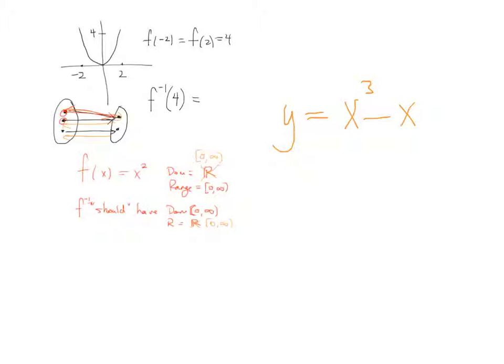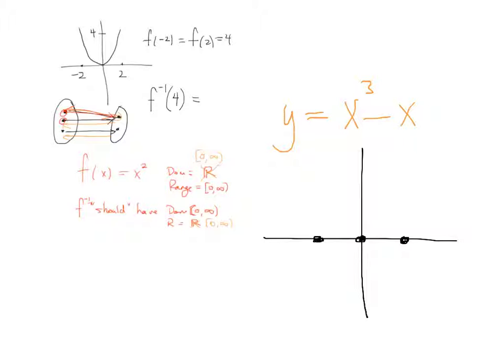How about plug in 0? What's another number to plug in? 1. Okay, it turns out it's 0 at 1. What about negative 1? Oh, it's 0 again. What does that tell you about y equals x cubed minus x? Do you remember?